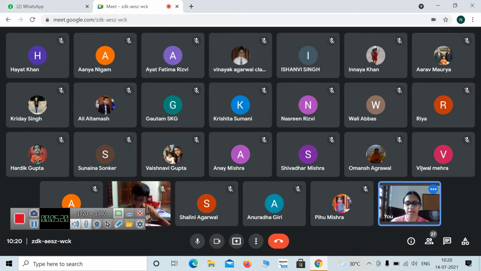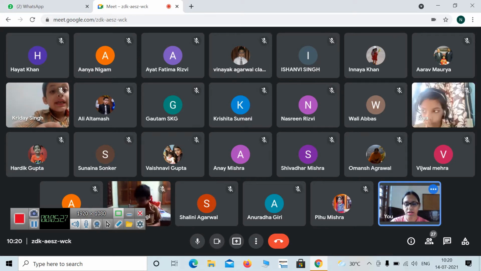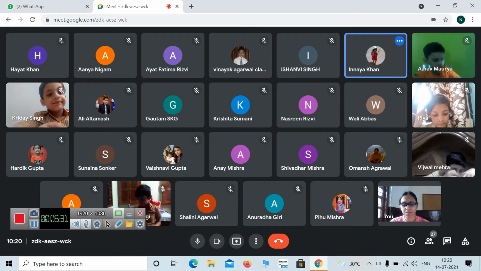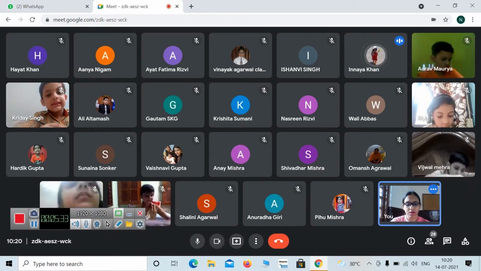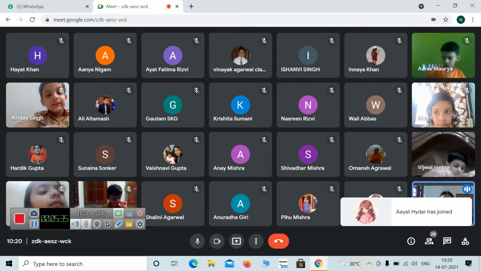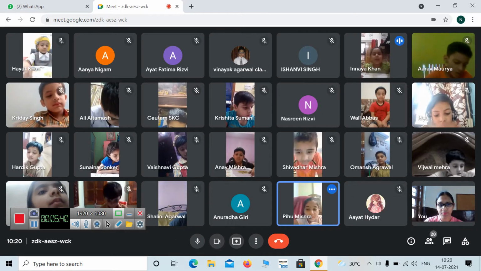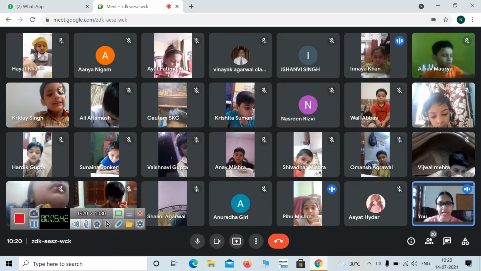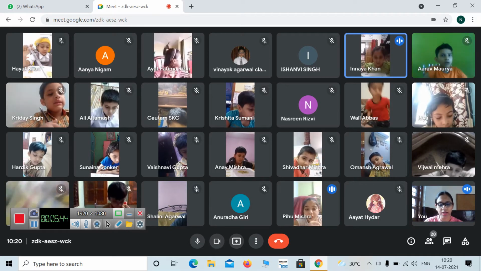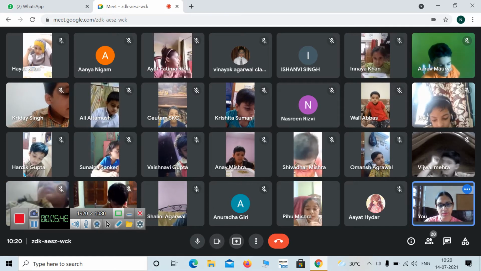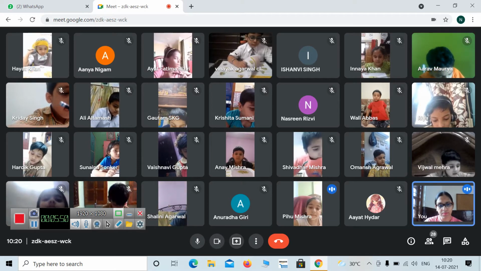Next, number 4, the book. Book is a non-living thing. Inaya, we are going to match it with which pronoun word? It. Okay. Ma'am, what page number? Prashasti, page number 20.